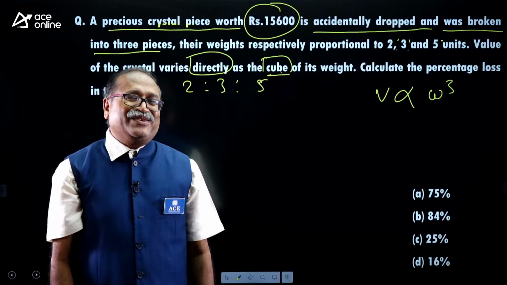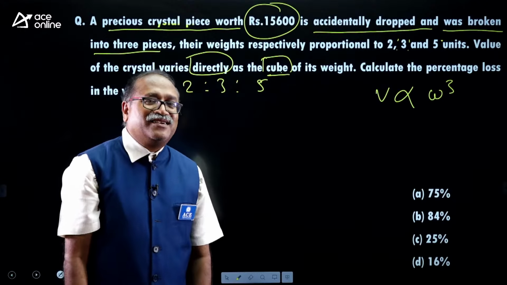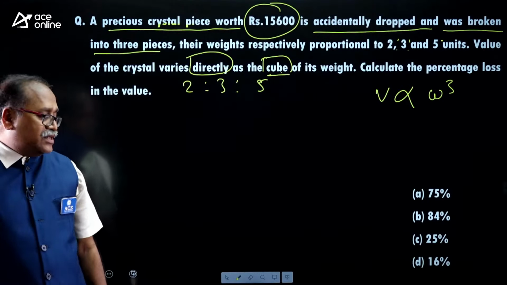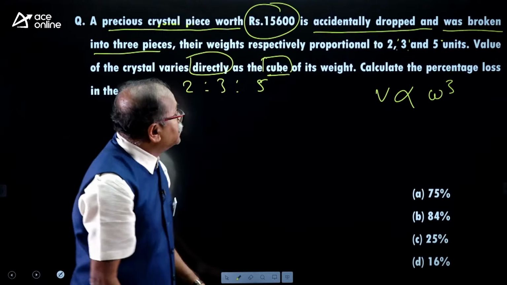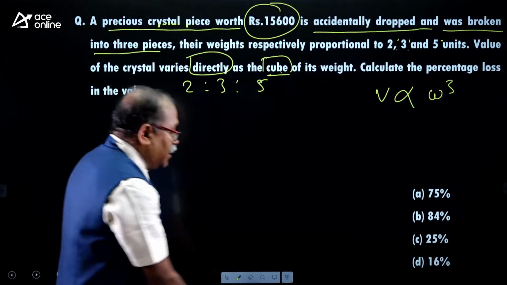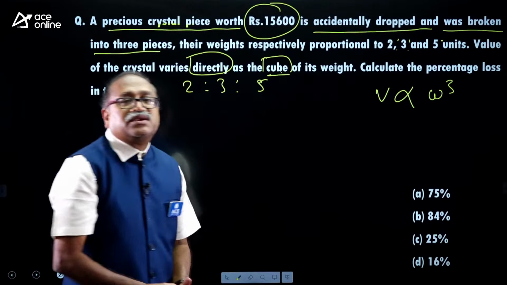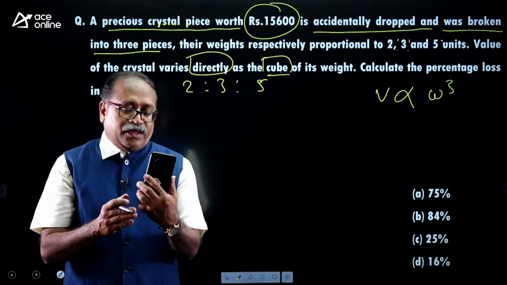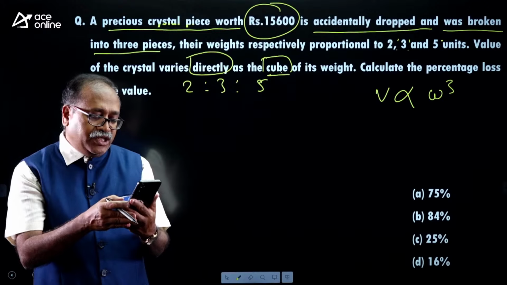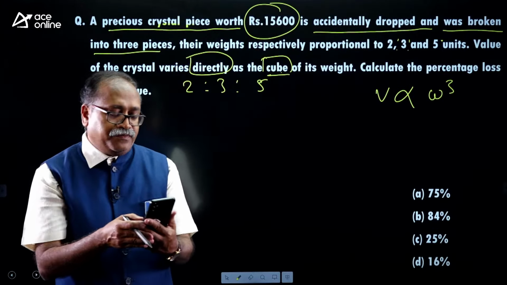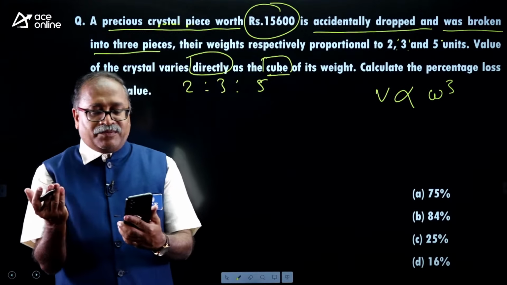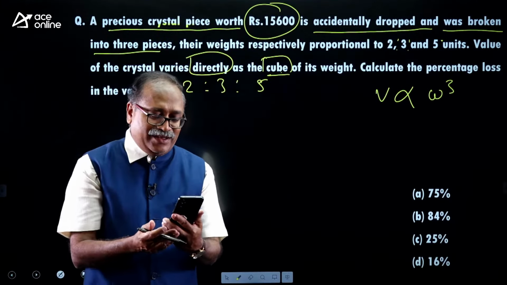This is the last question for this day. Tomorrow again I will start at 5 o'clock, my dear friends. Tell me what's your answer. I will tell you the best trick to answer this question. Good, good, good. 8 members are there, it's nice.